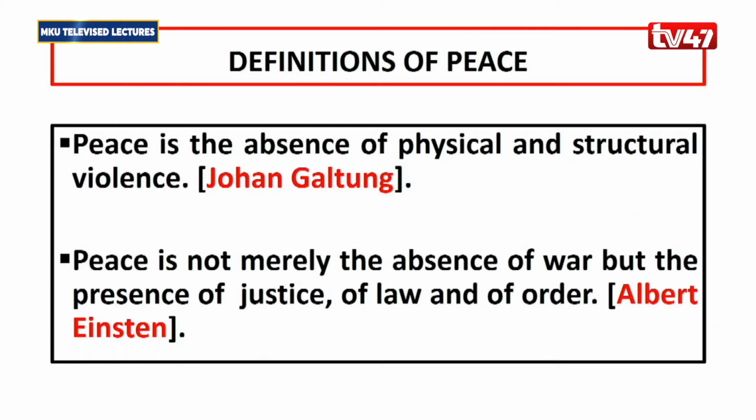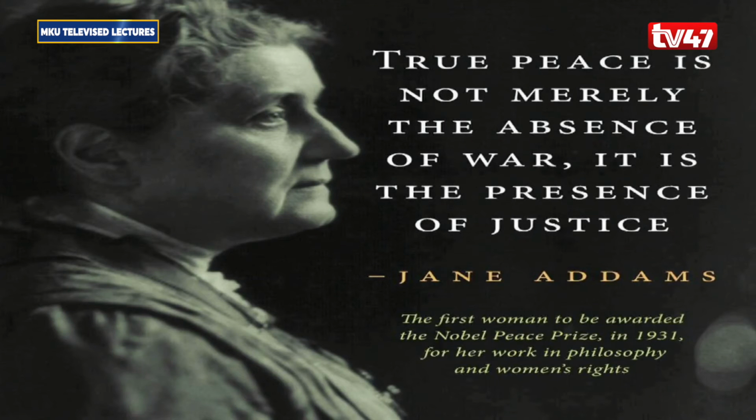And then there's this lady here, Jane Addams, an American lady, who was actually the first woman to be awarded the Nobel Prize for Peace in 1931. And she says, true peace is not merely the absence of war, it is the presence of justice. So it's one thing to get rid of the physical war, but then it's another thing to focus on justice, human rights, democracy, rule of law, and the rest.